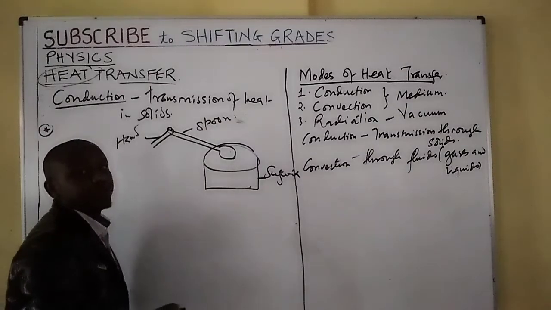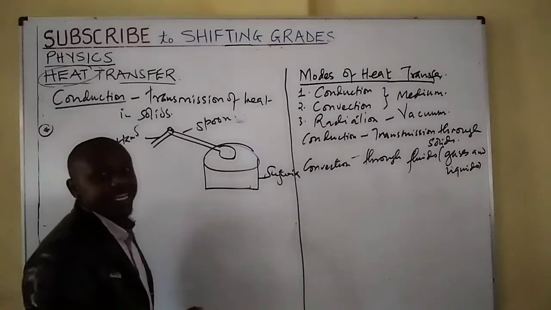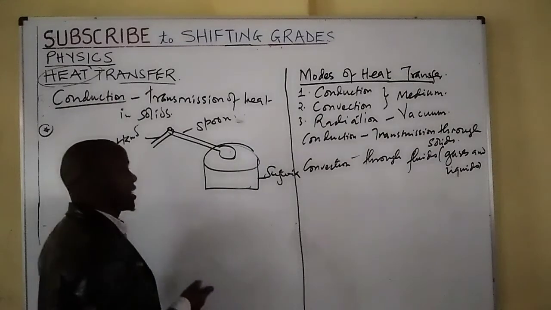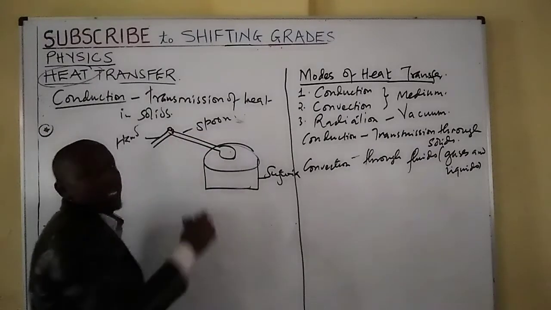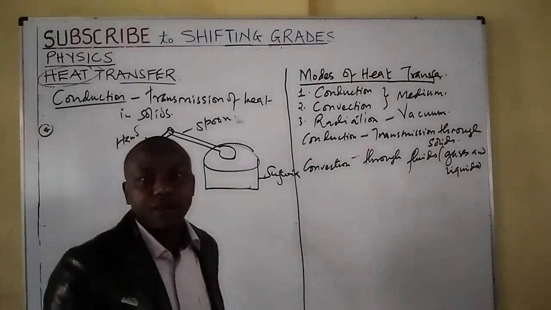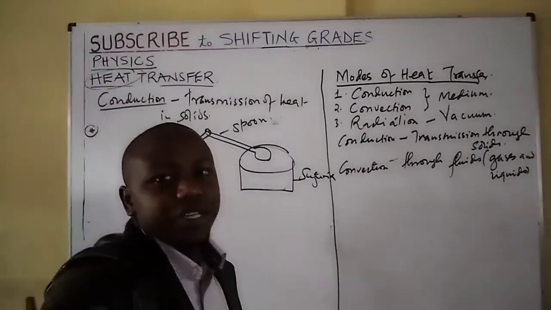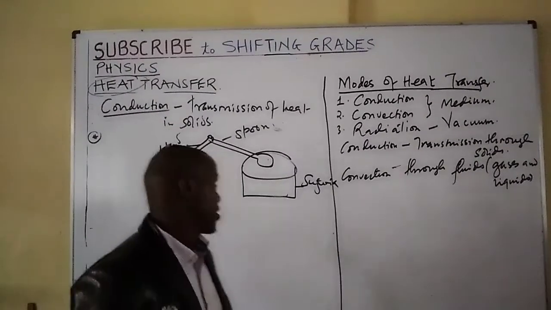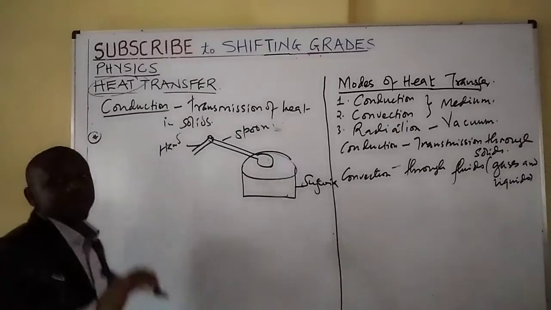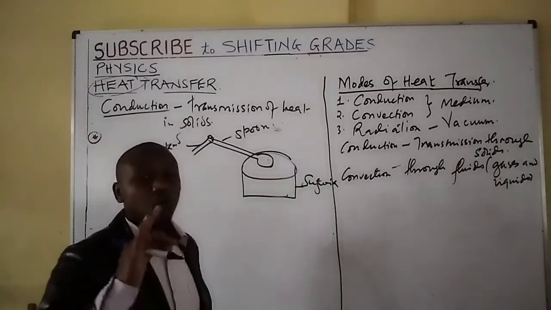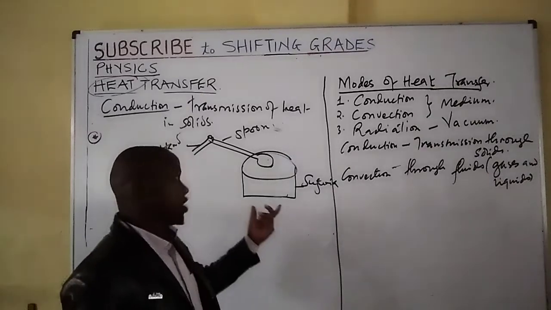But now, due to what we are calling conduction, heat will move from this part to the other parts of the spoon, and that's why after some time, your own hand will also experience some warmth. So that is what you call conduction.